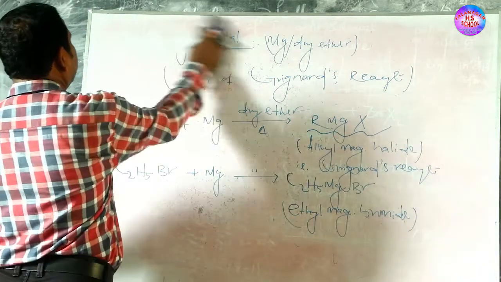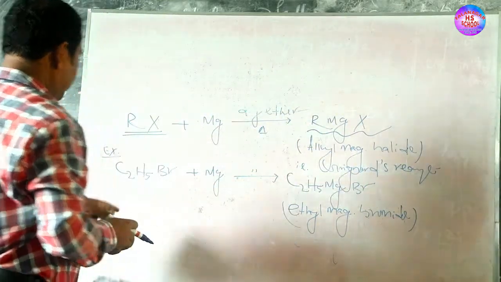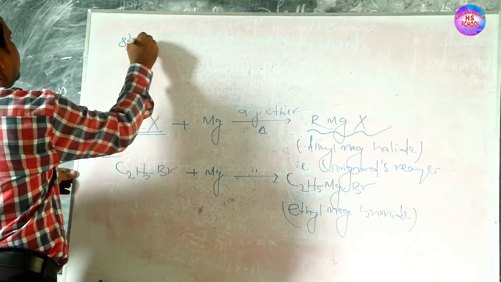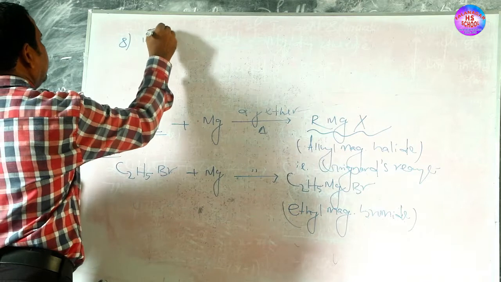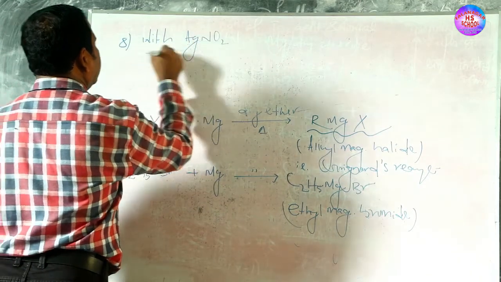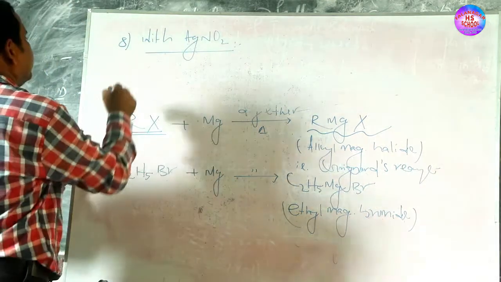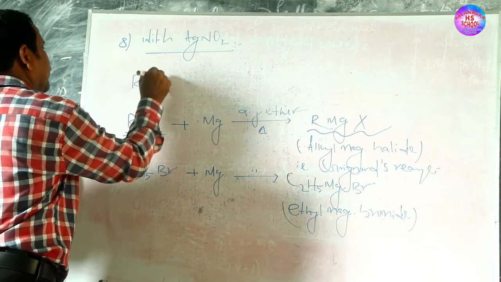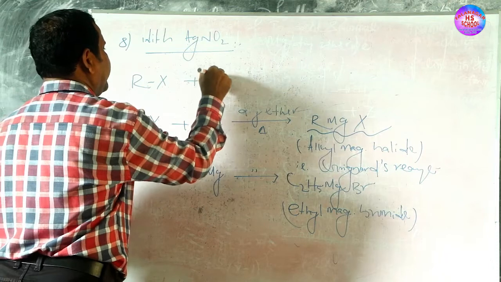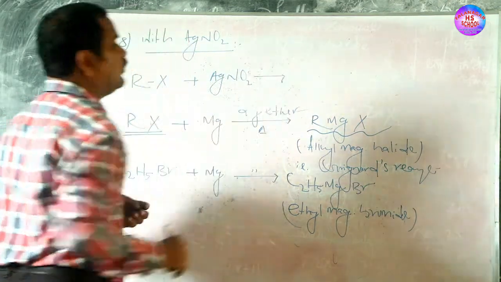And now see the next reaction with silver nitrite. React with silver nitrite AgNO2. R–X plus AgNO2. AgNO2 is called as silver nitrite.